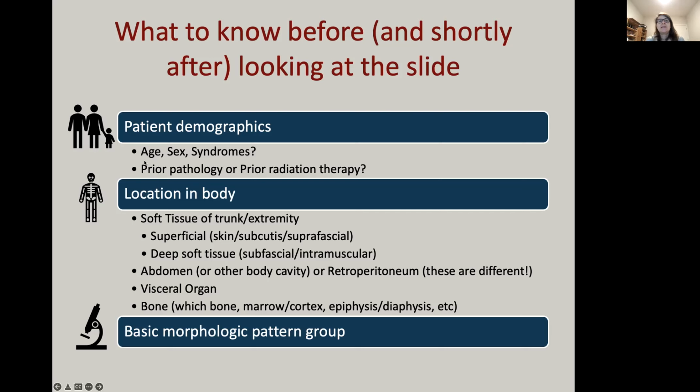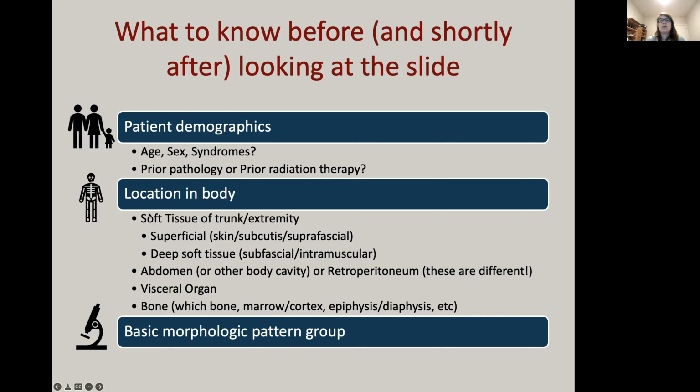Because things happen differently based on age, occasionally differently based on sex. Does the patient have any syndrome that might increase risk for various types of tumors? Have they had any prior biopsies, prior pathology, or prior radiation therapy that may have put them more at risk for developing a tumor in this location?